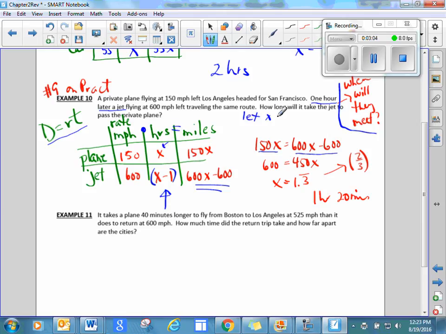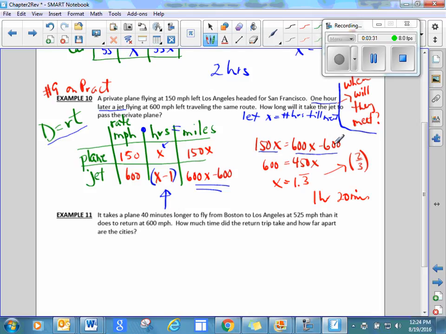Let x equal number of hours till they meet. So one's going faster than the other, but once you start that clock, that x going, when they meet, they both will have gone the same amount of time, since we took care of the x minus 1 over here.